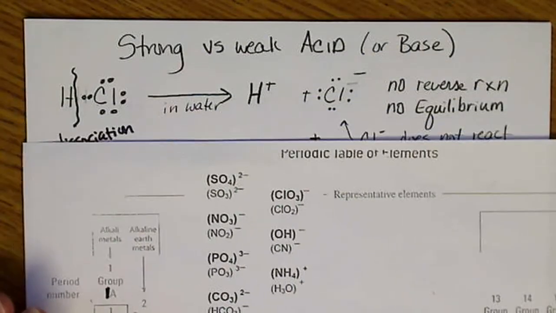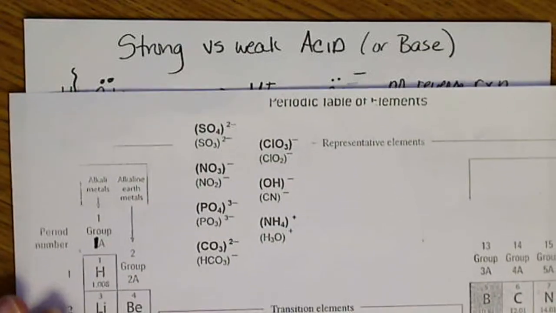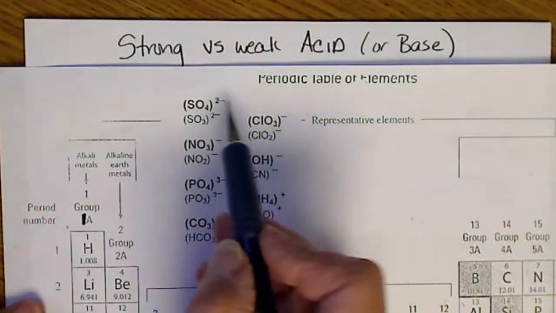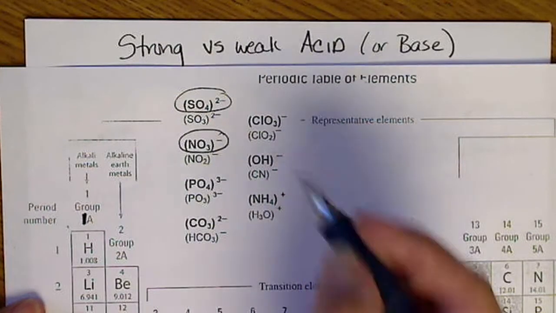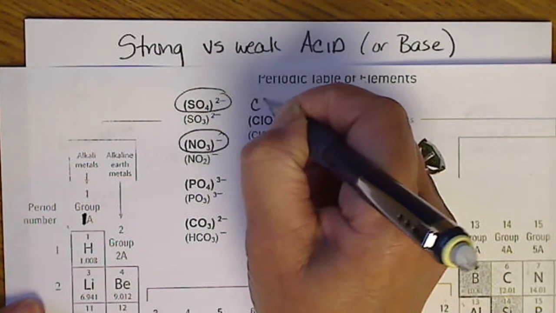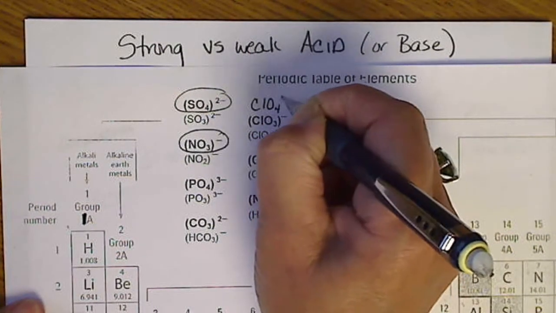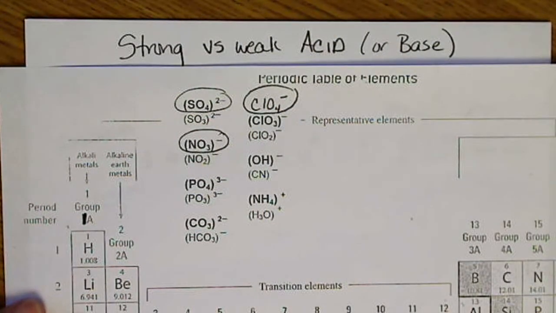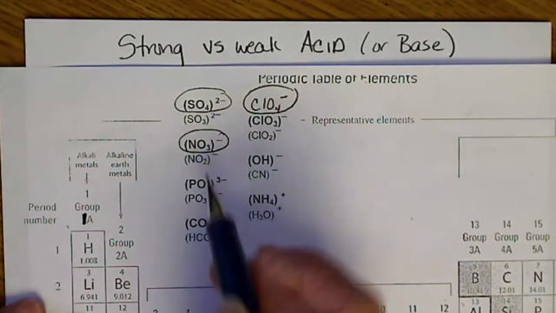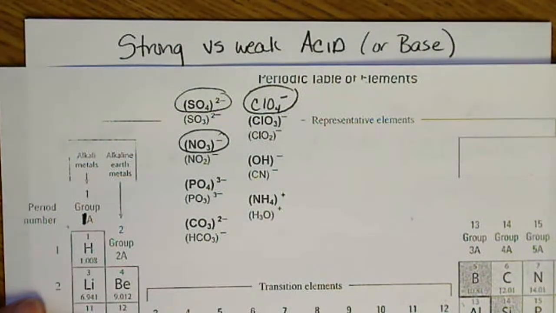And also it's not a bad idea to recognize the polyatomic ions. So sulfate and nitrate, I don't have perchlorate on here, but ClO4 minus 1, perchlorate ion. Whenever hydrogen is with these, then that's also a strong acid.